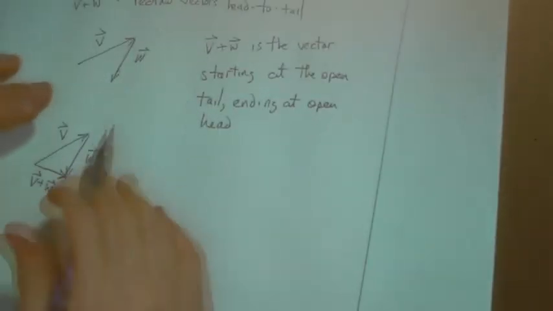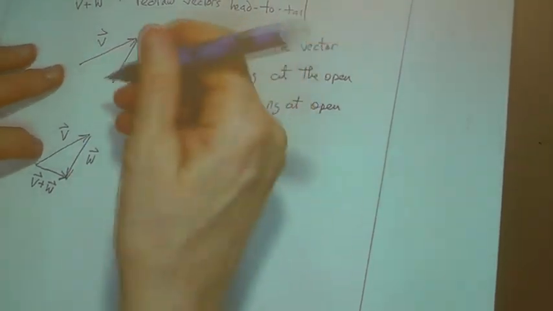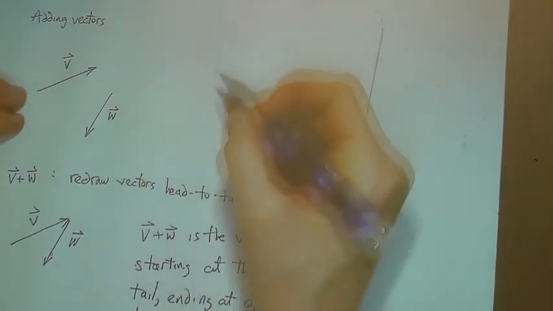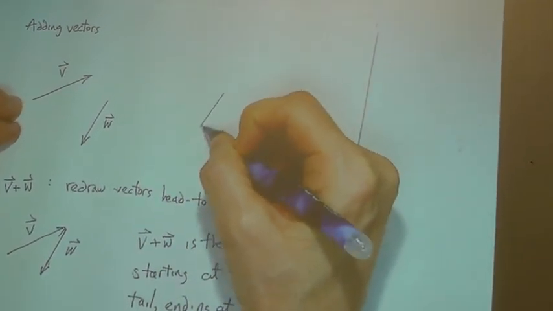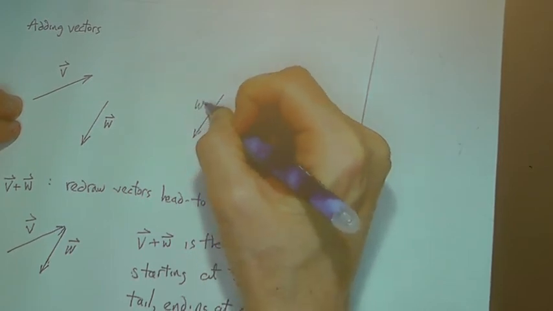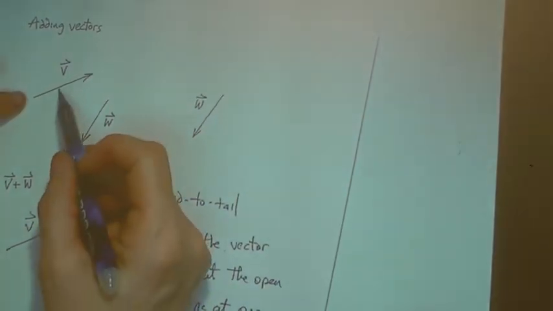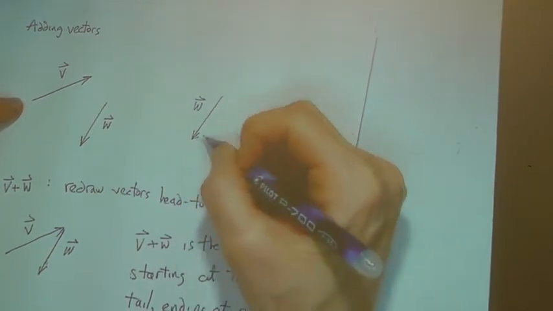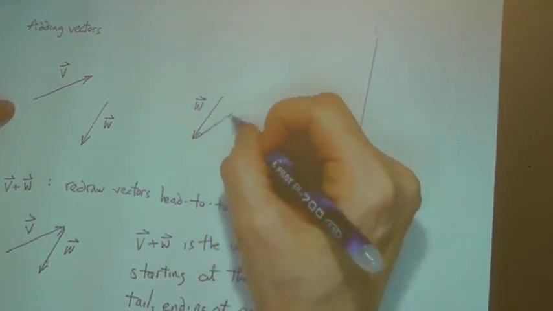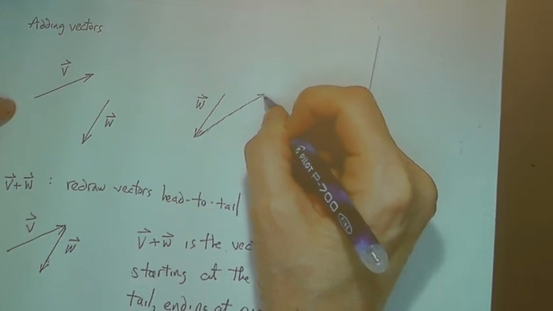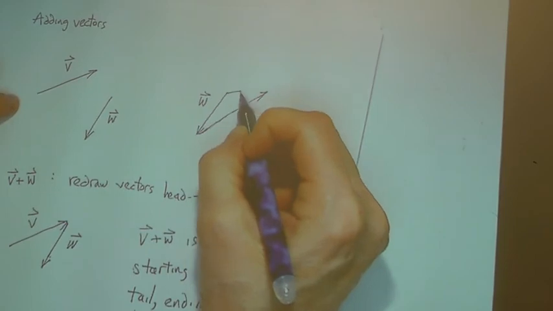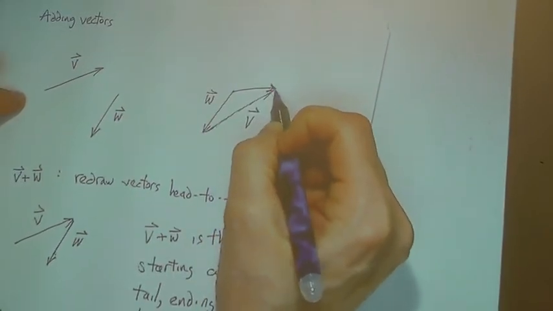Well, okay, I'll comment on this, but let me remark that had I done this in the opposite way, had I looked at W, which is here, and placed the tail of V onto the head of W, then I would draw V plus W like this.